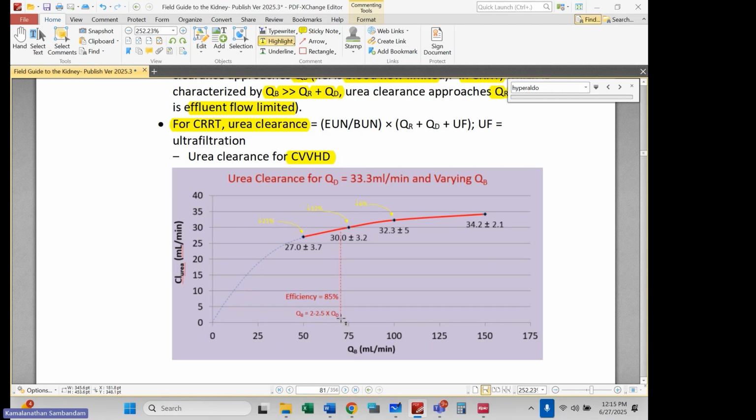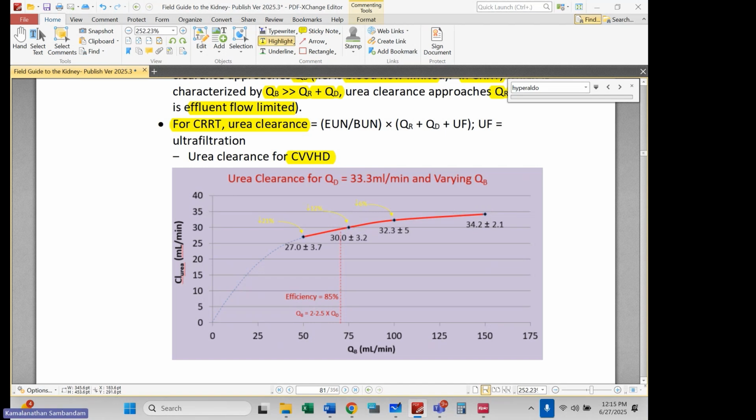So at this threshold of 2 to 2.5 times my dialysate flow rate, notice I get very little bang for my buck with more urea clearance, okay?